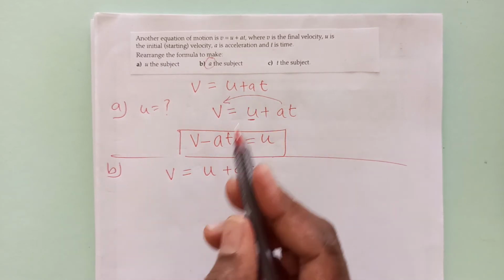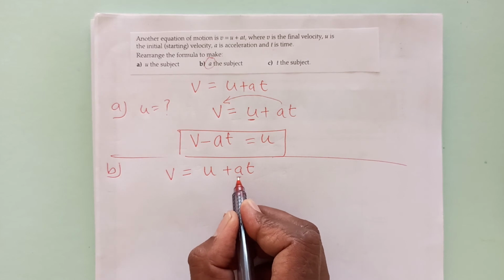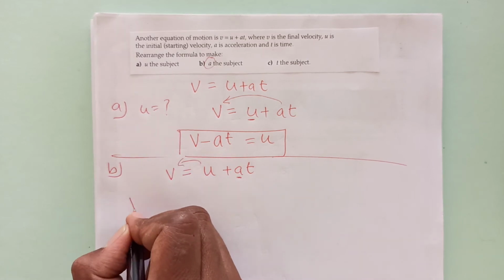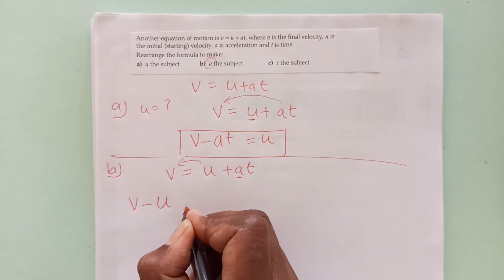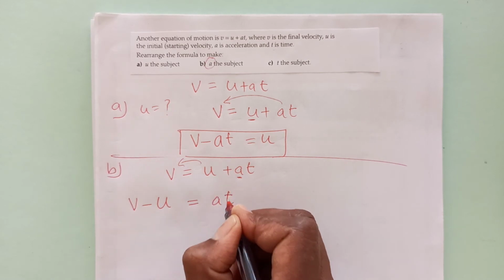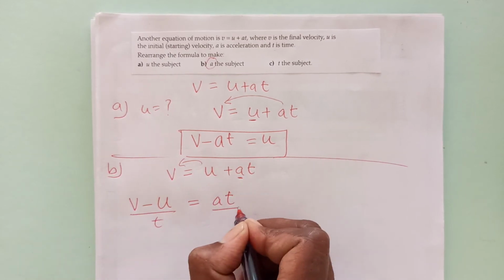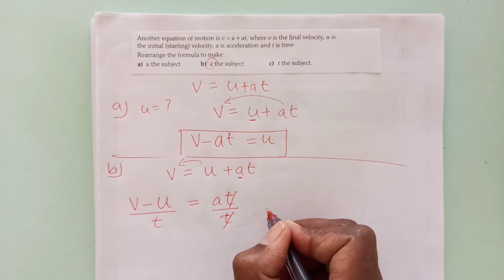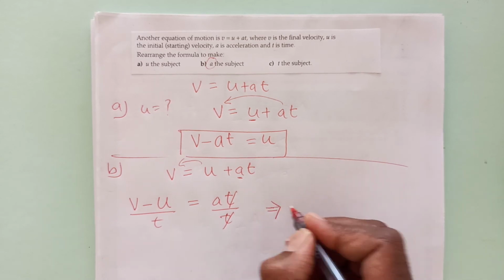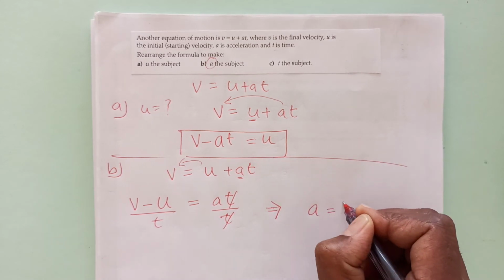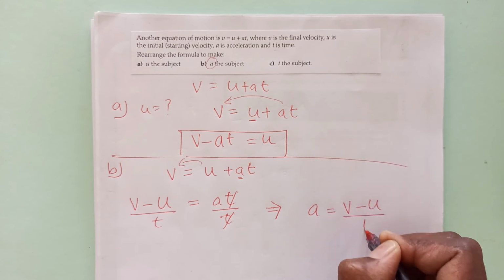A should remain here, U goes to the other side: V minus U equals AT. So divide by T, divide by T. So then you will have A equals V minus U over T.